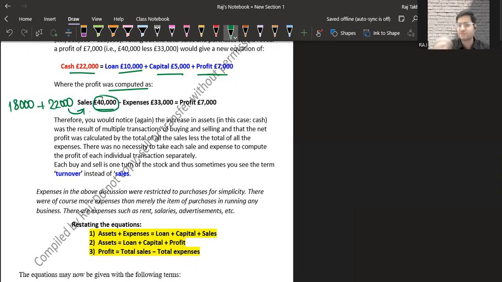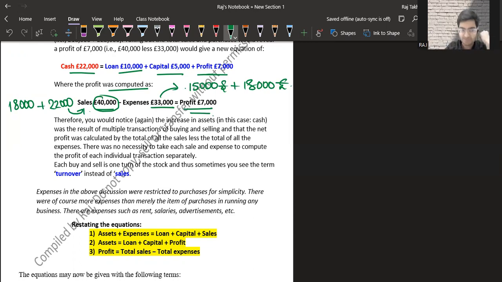In the first step the expenses, or the cost of the rice produce that I'm selling into the market, were 15,000 pounds, and at the next step 18,000 pounds, which shot up my total to 33,000 pounds. So I can conclude that I am able to generate 7,000 pounds worth of profit in this entire chain of two transactions.